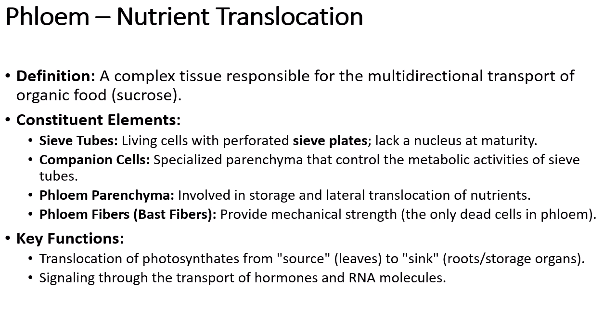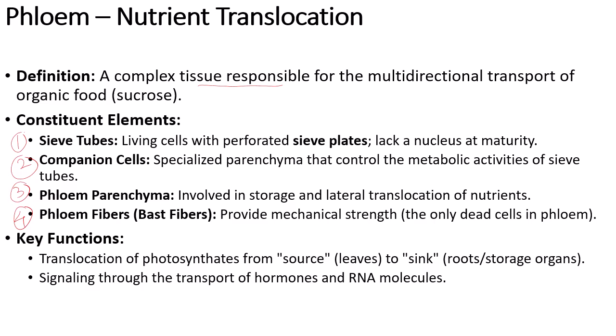Then phloem is a complex tissue which is responsible for multidirectional transport of organic food, that is sucrose. The constituent elements of phloem include number one, sieve tubes, number two, companion cells, number three, phloem parenchyma, and number four, phloem fibers.